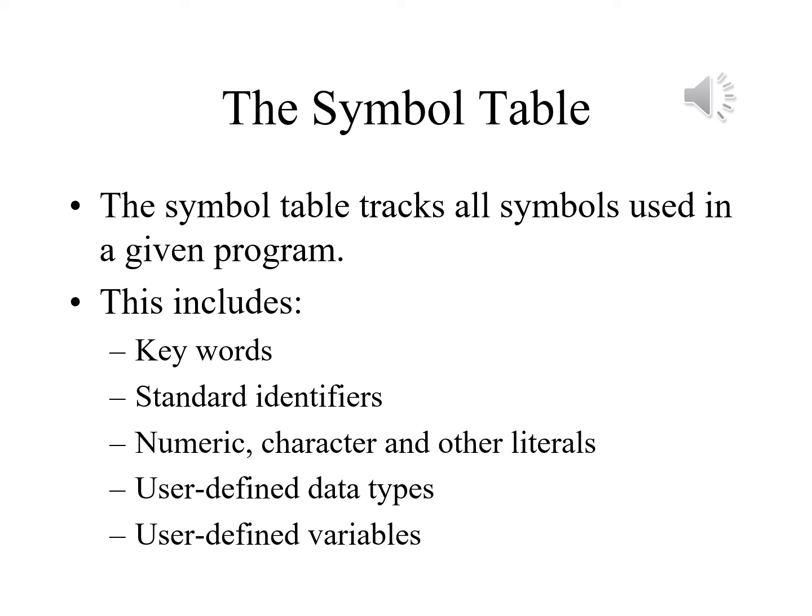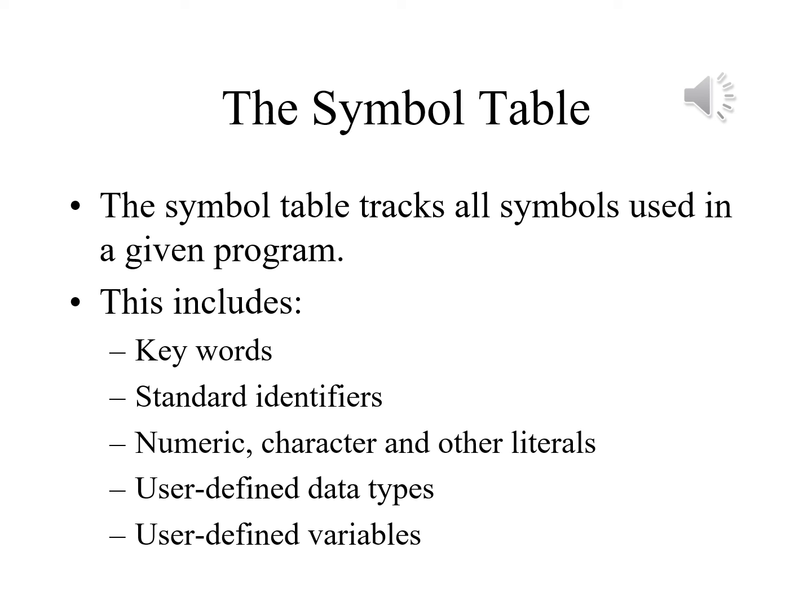For a compiler to translate a program from a high-level language to any other language, low or high level, it needs to be able to keep track of all the data regarding the various symbols that show up in a program, whether they are reserved words, whether they're identifiers, numbers, other literals, operators, or so on. And for that reason, what we need is something like the symbol table.